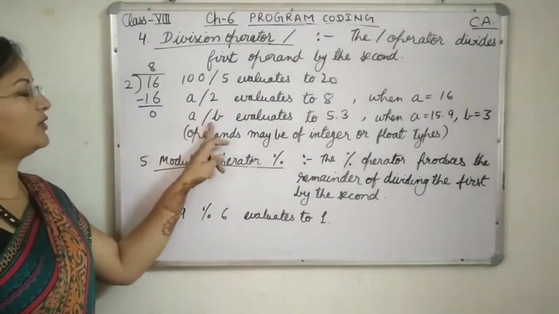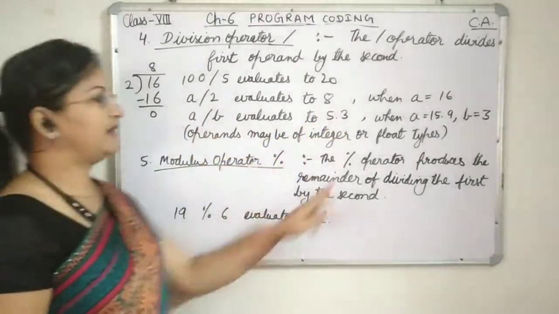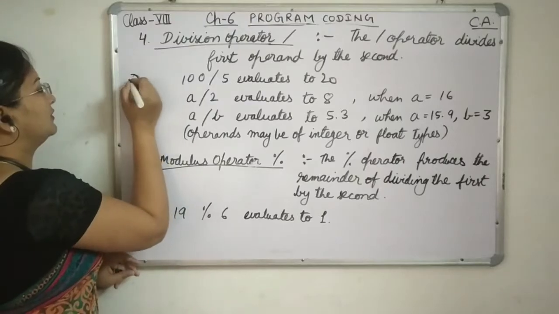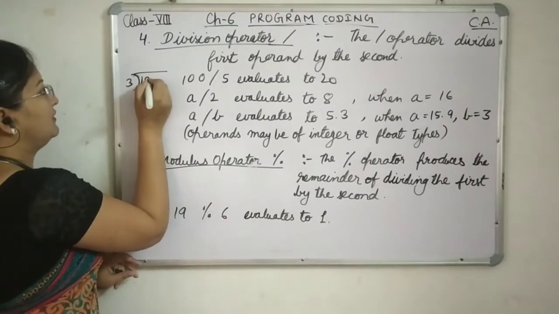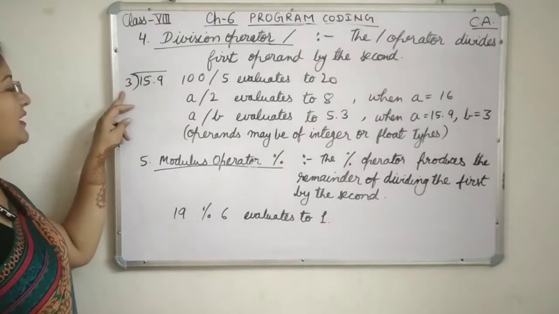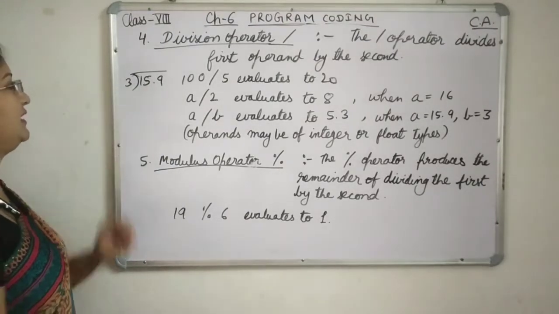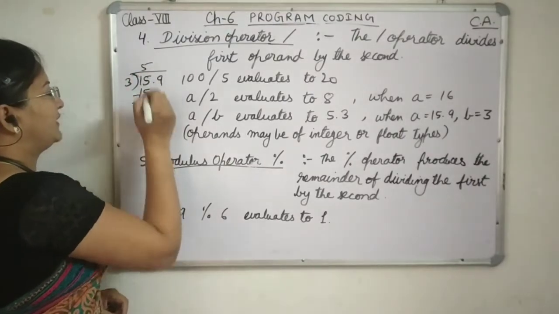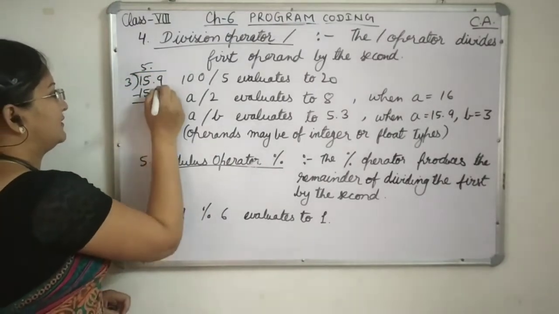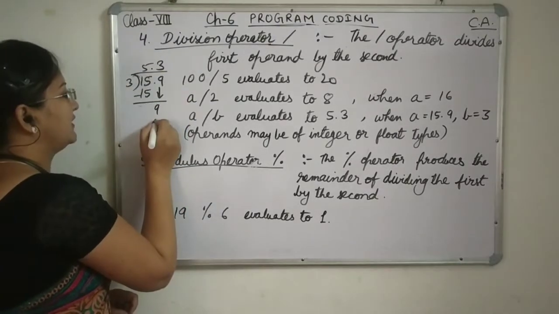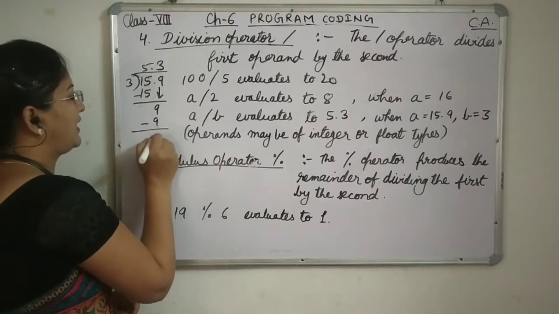Now a divided by b, if a is 15.9 and b is 3. So a divided by b, 3 5s is 15 and 0.9. 3 3s is 9 and 0.